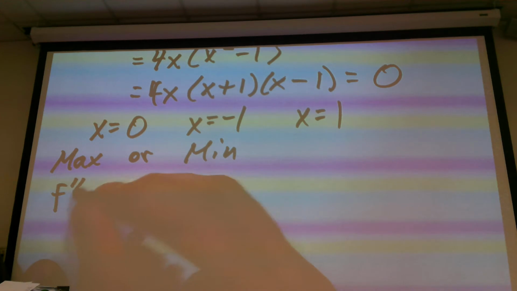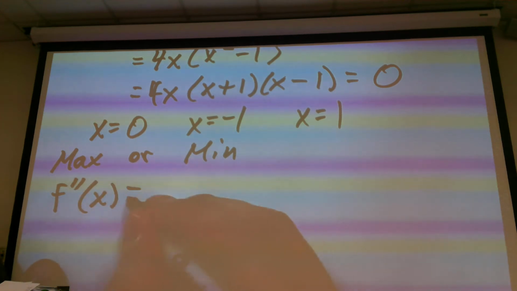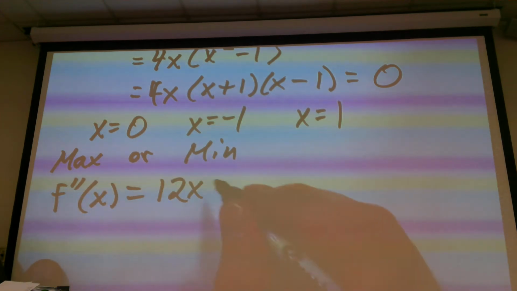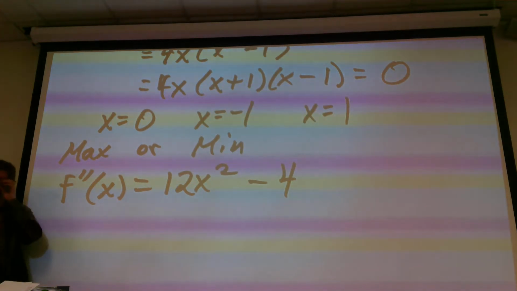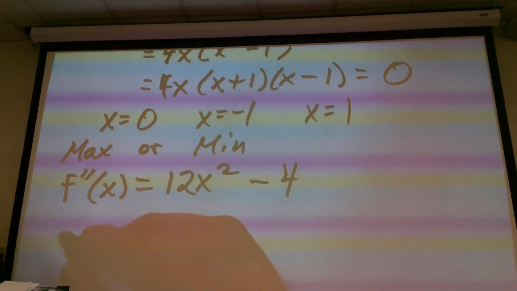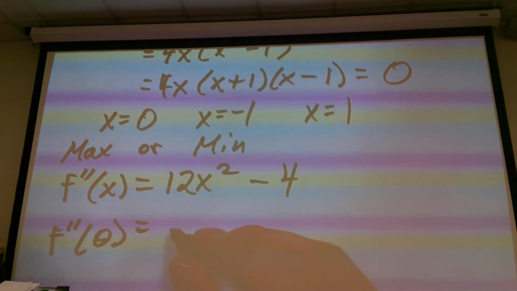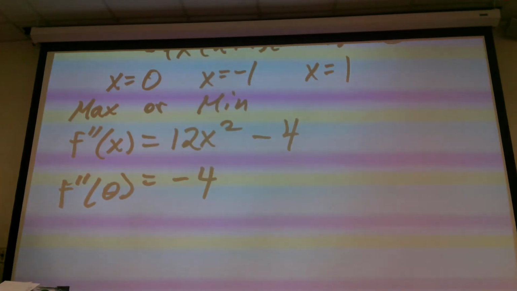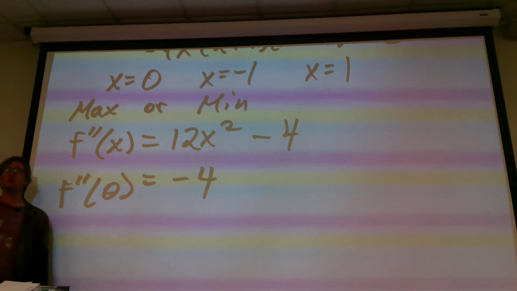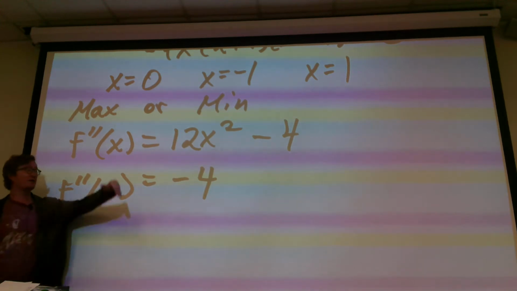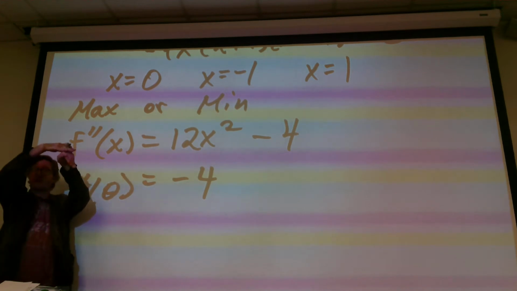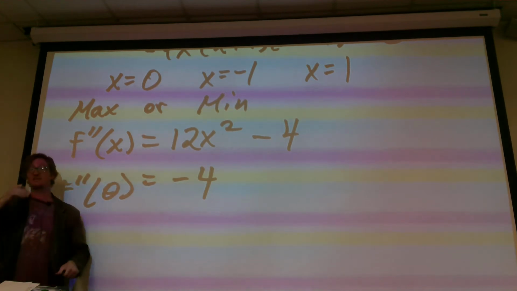The second derivative would be 12x squared minus 4. So the second derivative at 0 is just going to equal negative 4. Now this is negative, meaning that it is concave downwards and flat at top. So that makes that guy a max.